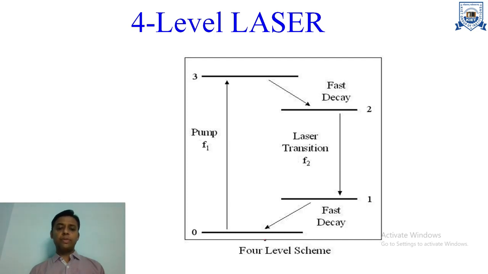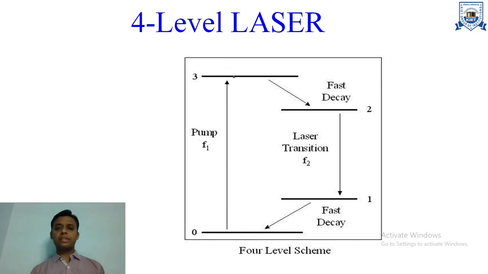Firstly, we know the majority of atoms are in the ground state. So by the pumping process, they go from the lower level to the higher energy level. As we know, the lifetime of higher energy states of atoms is of the order of 10 to the power minus 8 second.